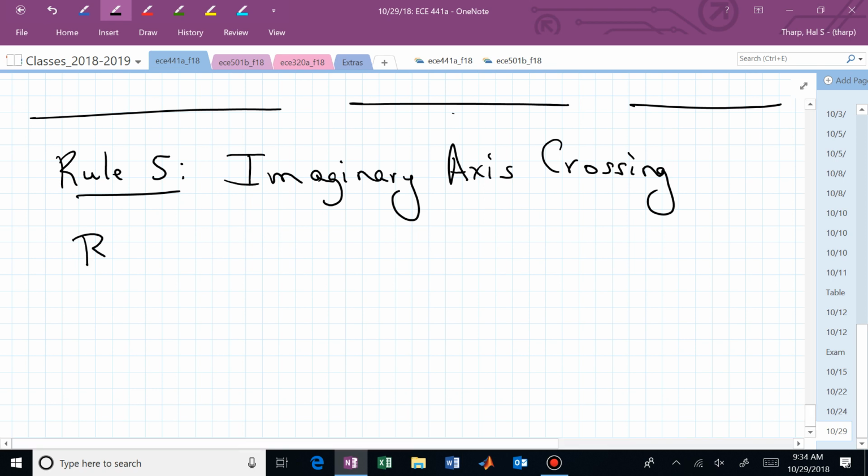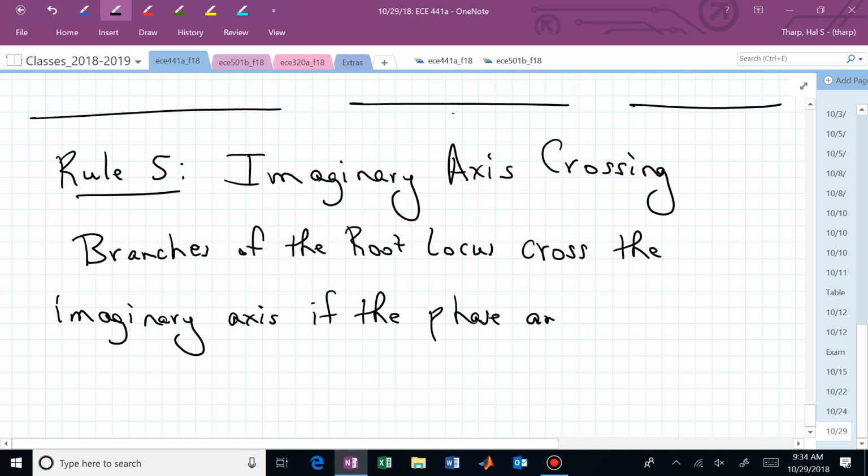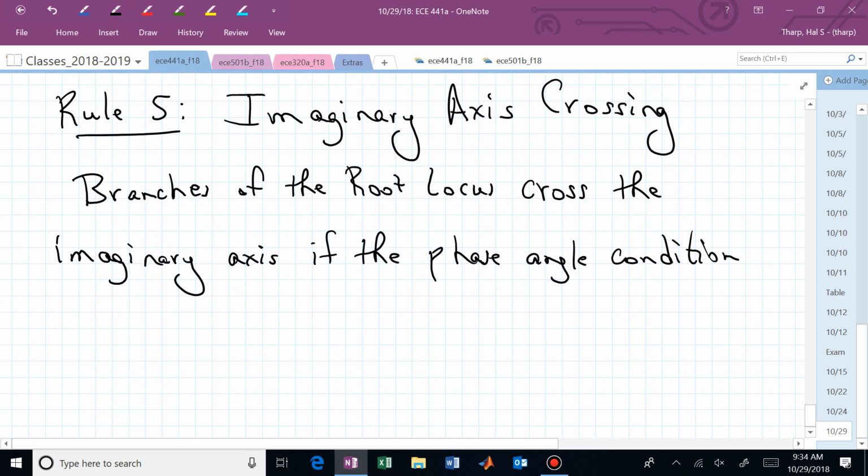So here, branches of the root locus cross the imaginary axis if the phase angle condition is satisfied at that point.